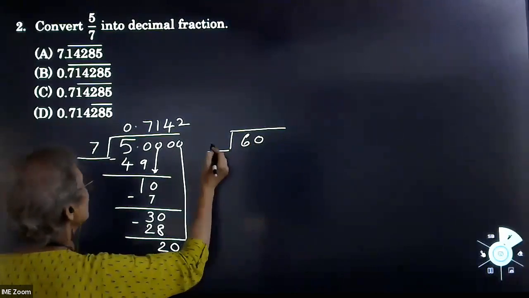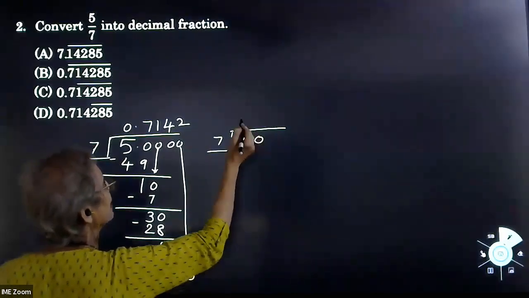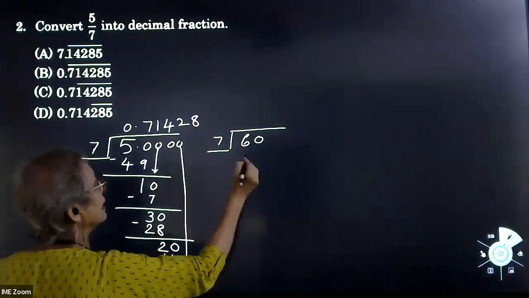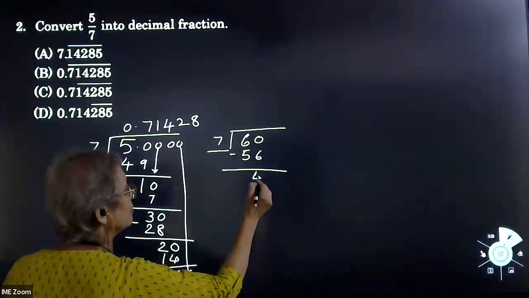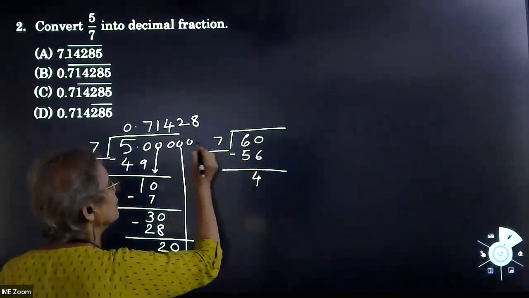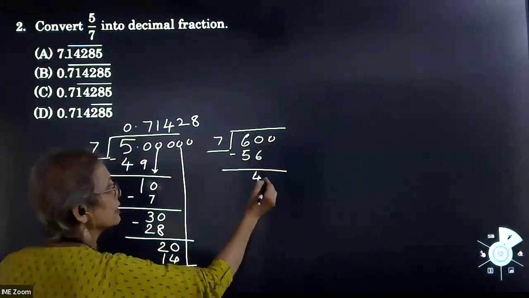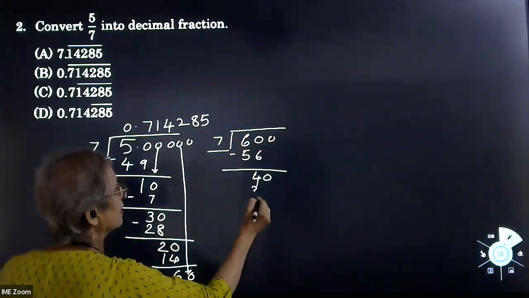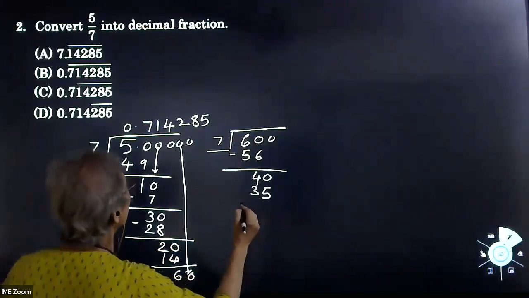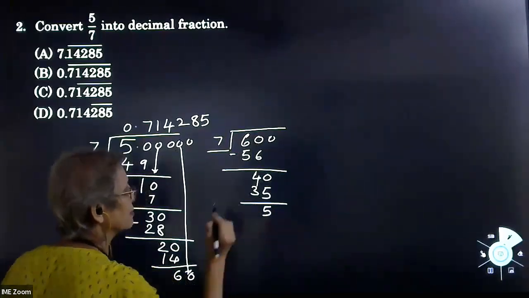Right? Now let us divide 60 by 7. So 7 8s are 56. What will remain? 4. Again, one more 0, bring it here. So it will be 40. 7 5s are 35. Right? And now 5.